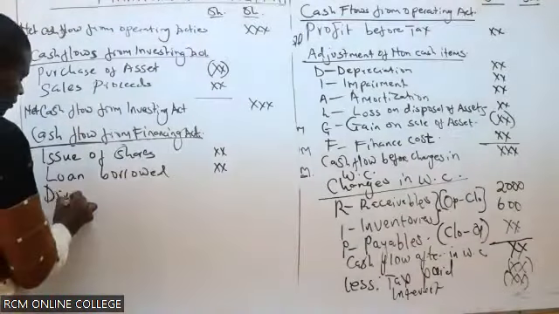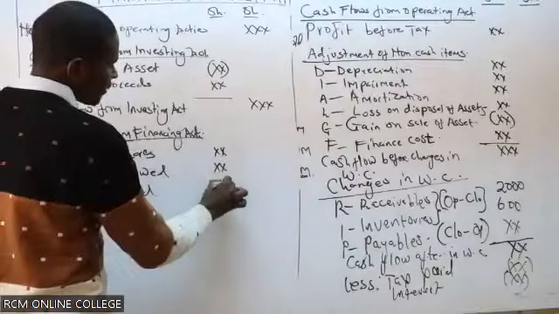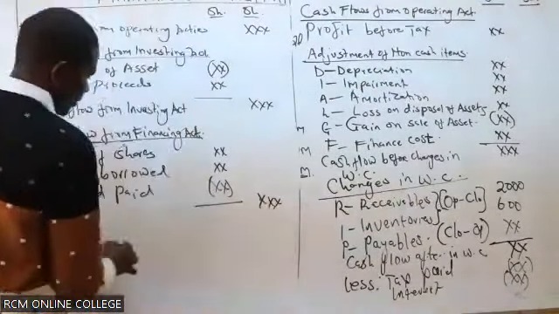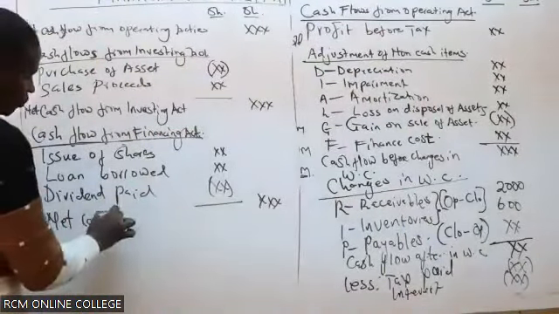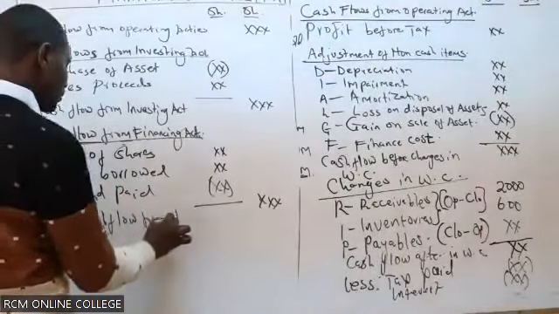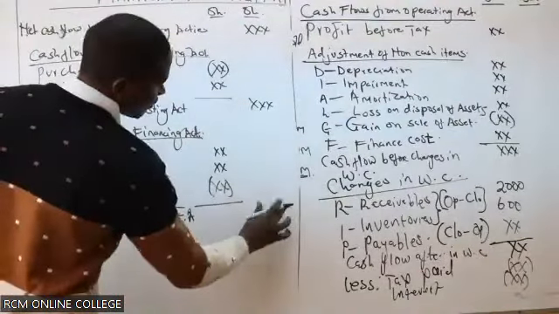Dividend paid. Tukilipa, our cash inafanya nini? Ina reduce, and then tunaweza pata our net cash flow from financing activities.